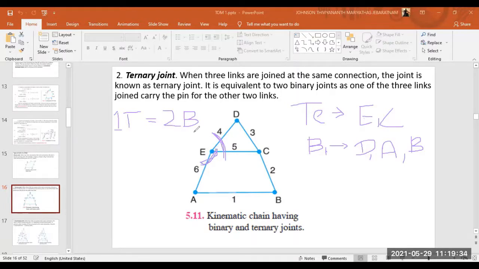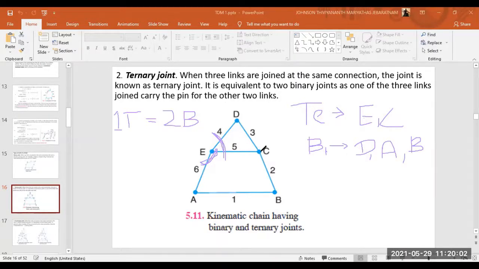So this is a ternary joint, with three members connecting. At the same time, I can break it into two binary joints. ED and EC form one binary joint, and EC and EA we can consider as another binary joint.